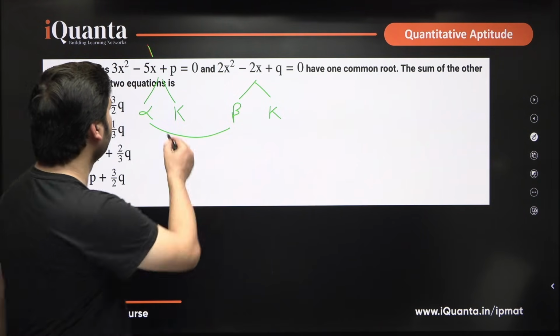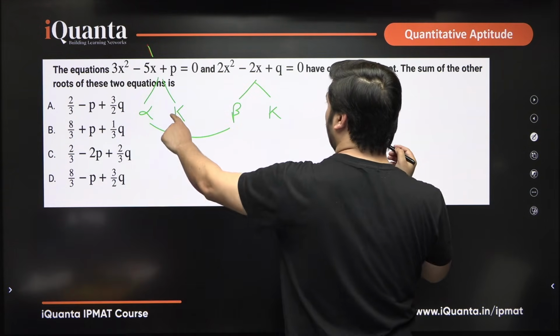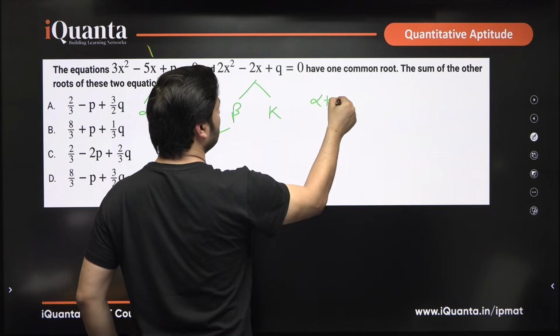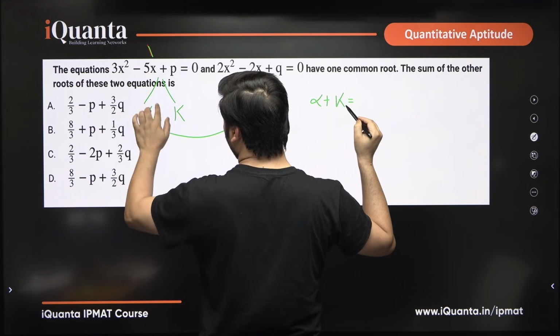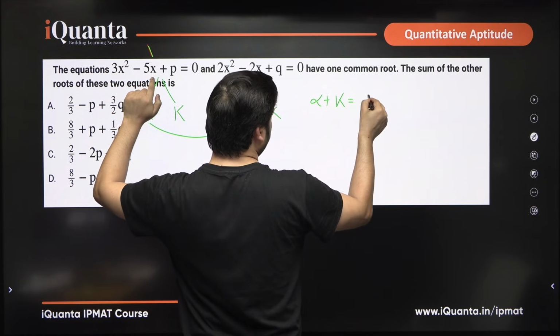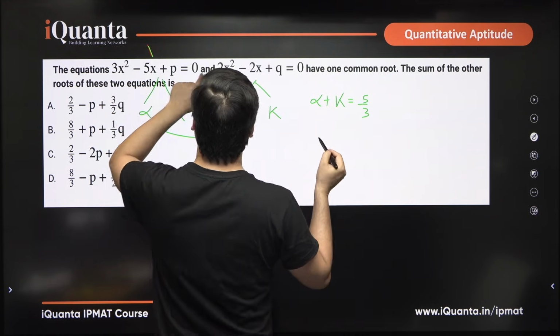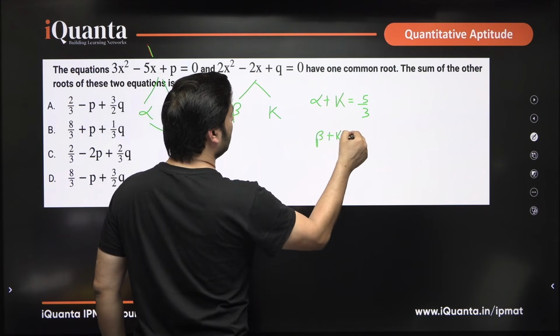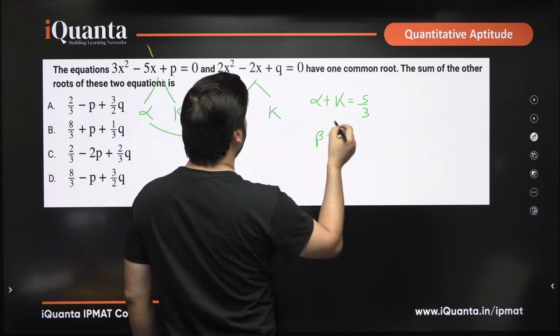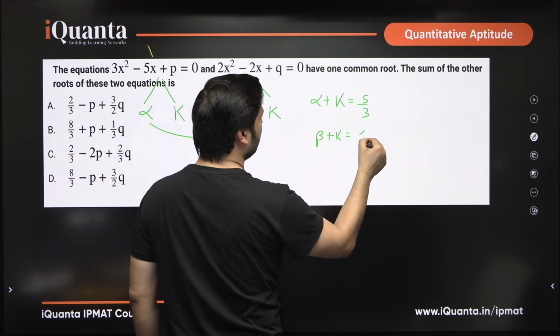Can I write alpha plus k from here? Since these are the roots, the sum of roots will be minus b upon a, so 5 by 3. Here, beta plus k, the sum of roots, is minus of minus 2 upon 2, that means 1.